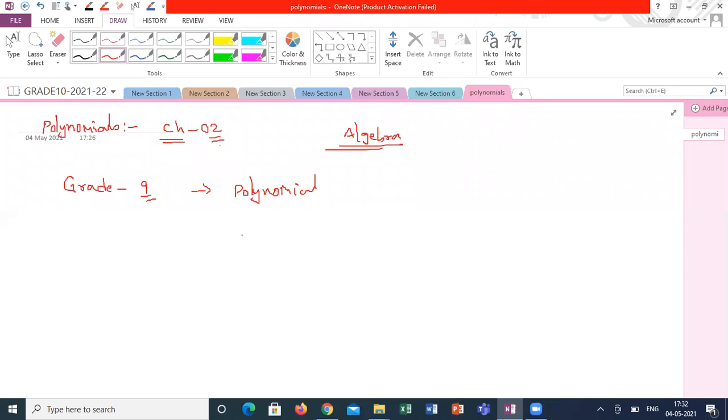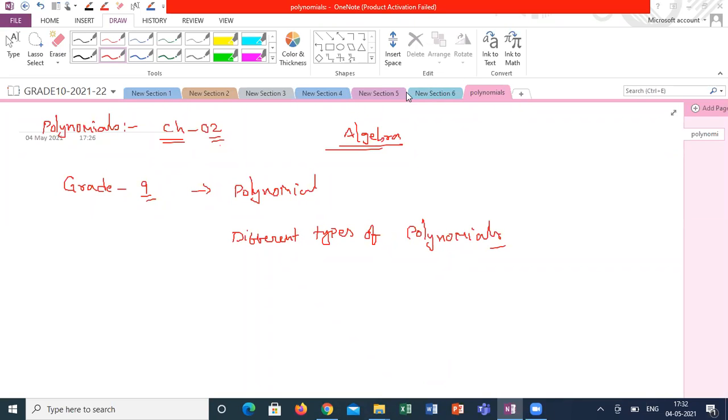And what are the different types of polynomial? I think this topic we already discussed in the first class, before starting the real numbers. Different types of polynomials. Anyone can brief?